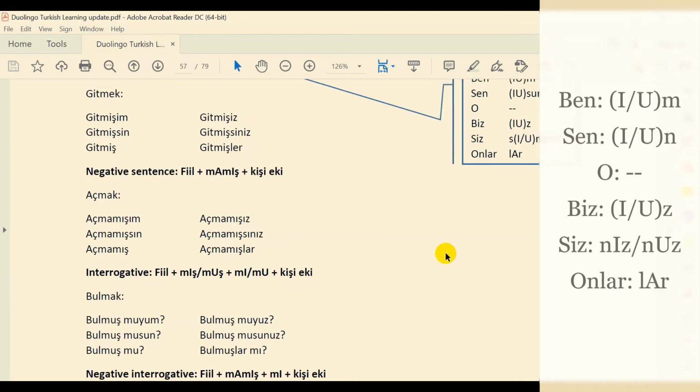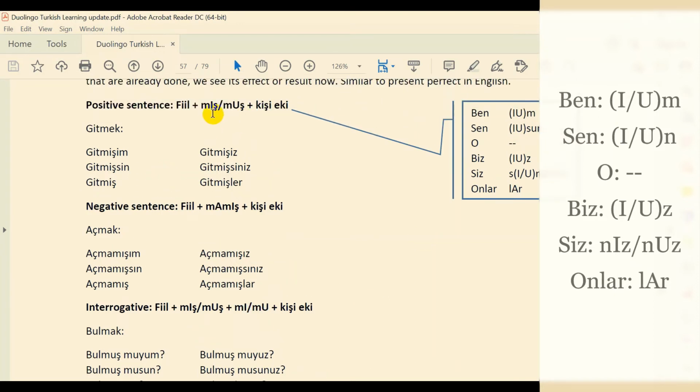For example, see the positive structure: fiil or verb plus mış or muş, and then you add the personal suffix. Now in interrogative, before adding the personal suffix, you add the question suffix.